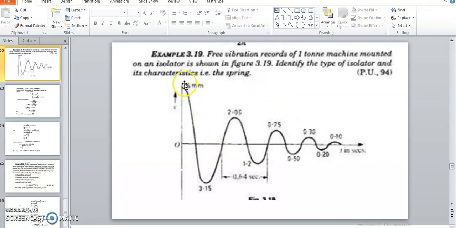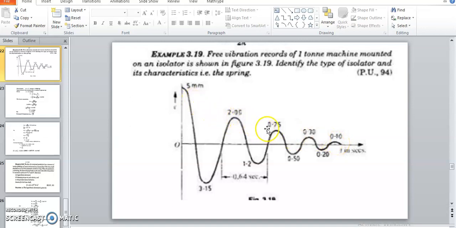So first understand this. This is the displacement, this is time on the x-axis, and these are the amplitudes at different times t1, t2, t3, t4, t5 and so on. So how many cycles are completed here? From 5 to 1 is one cycle, from 1 to 0.75 second is the second cycle, from 0.75 to 0.30 is the third cycle, and from 0.30 to 0.10 is the fourth cycle.